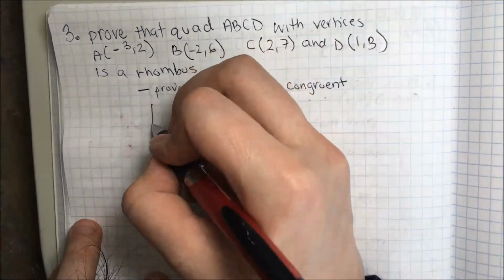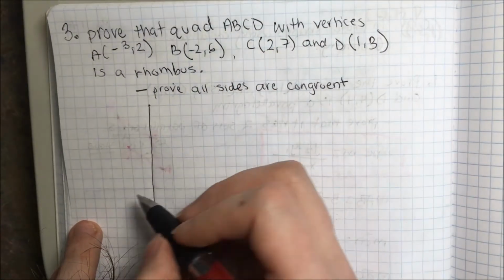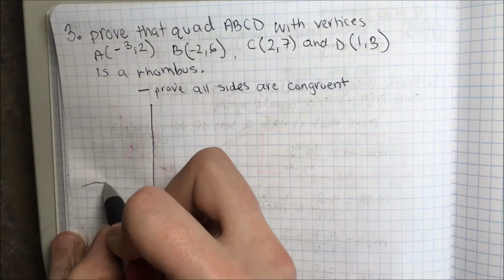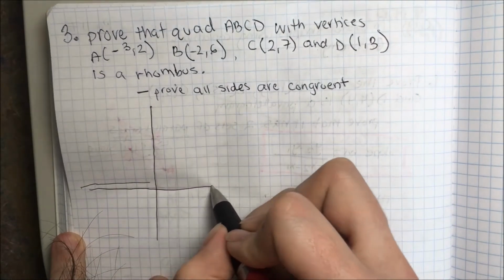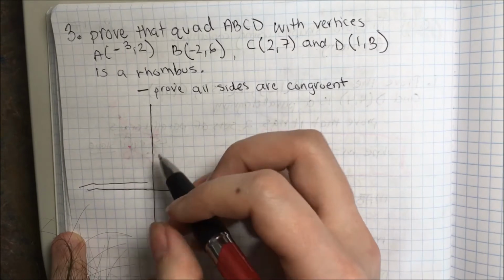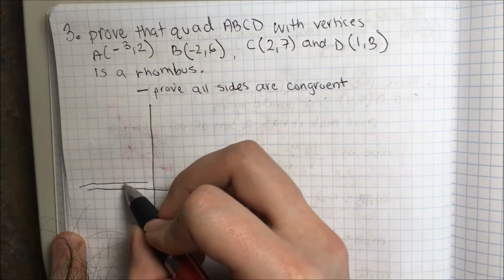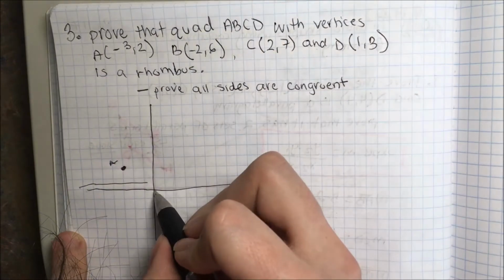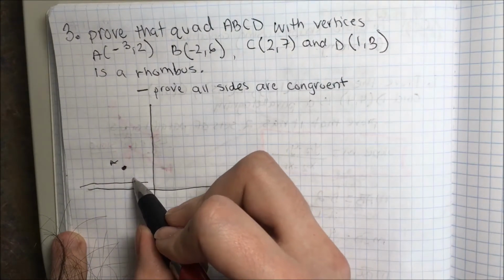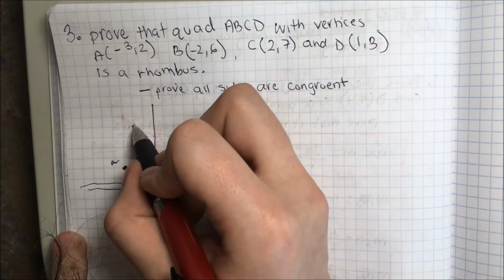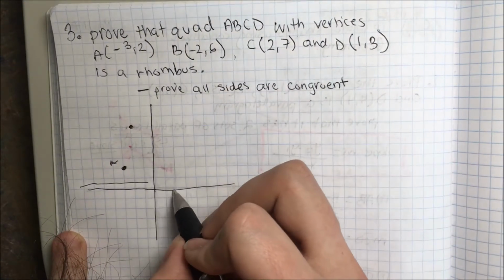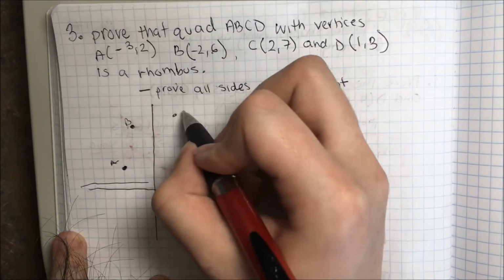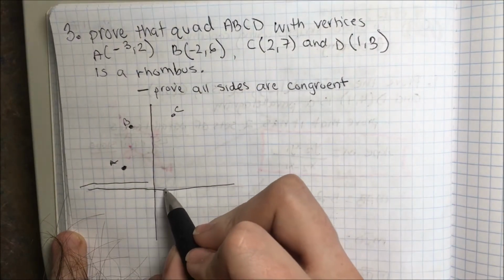So we're going to plot our points. We're at negative 3, 2, negative 2, 6, 2, 7, and 1, 3.